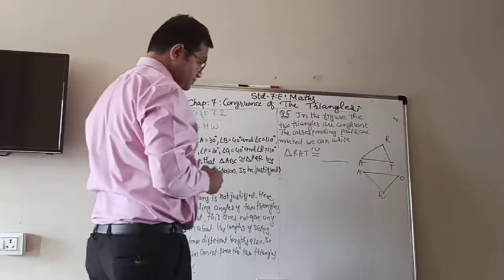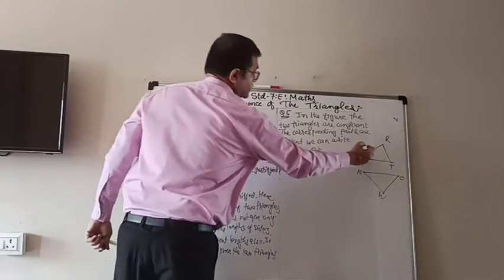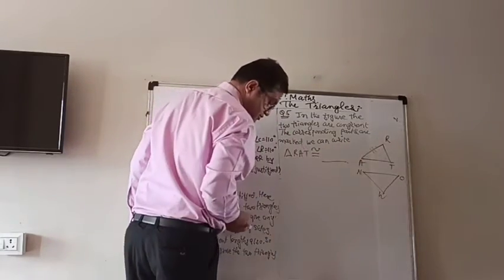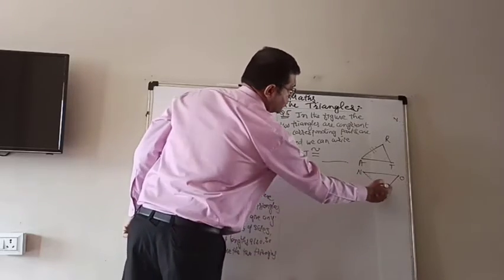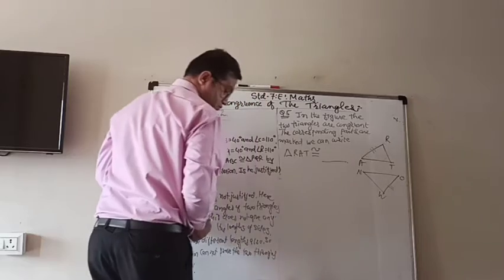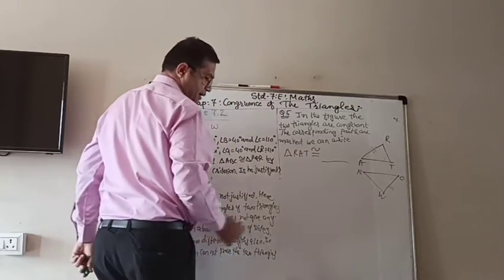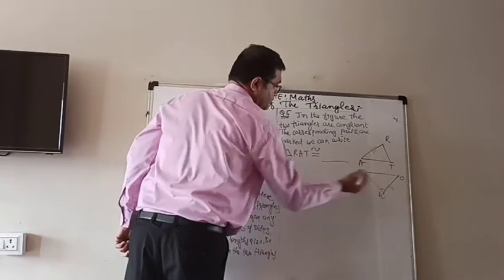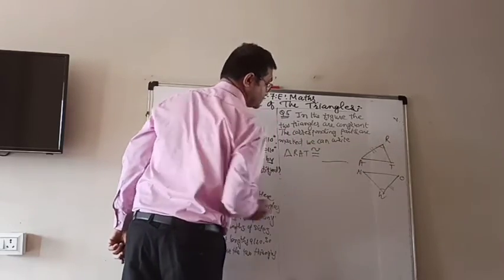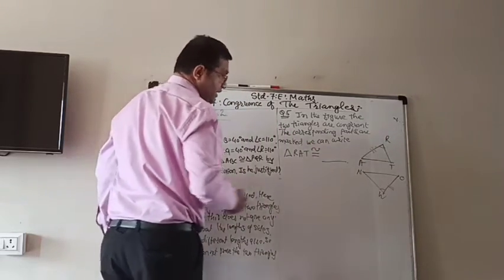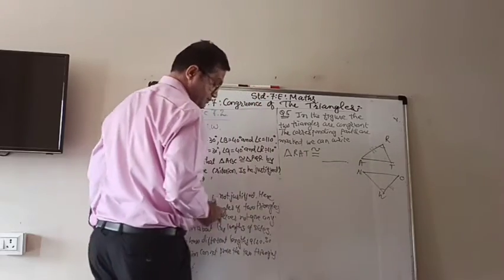Now markings. This is equal to the WO. Then angle W and angle R have the same markings. Then side AR we already did.